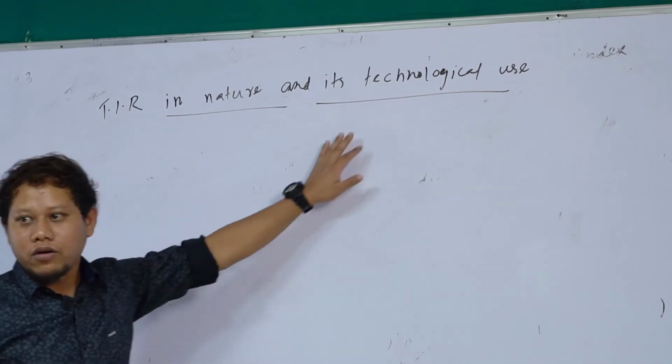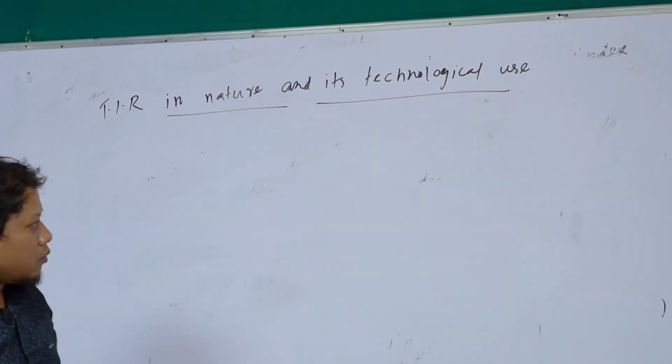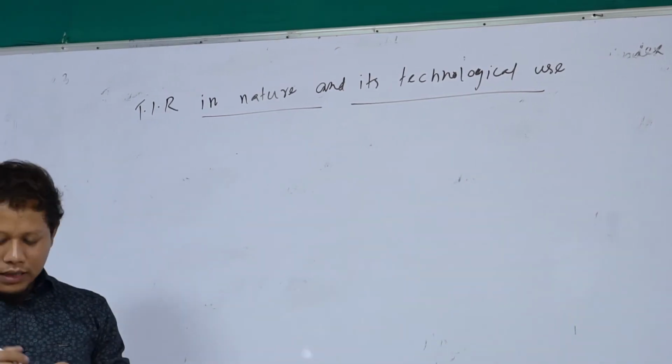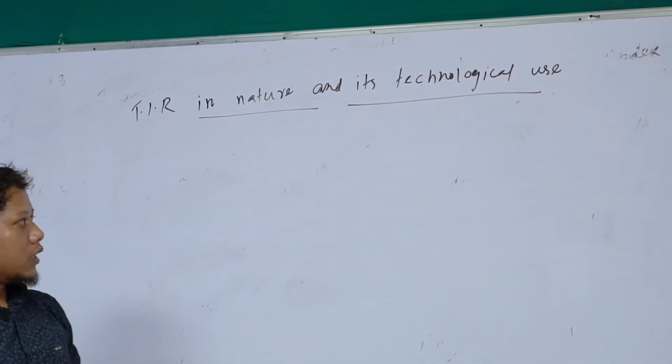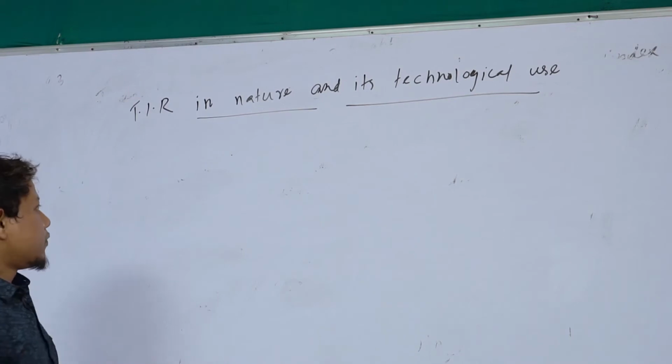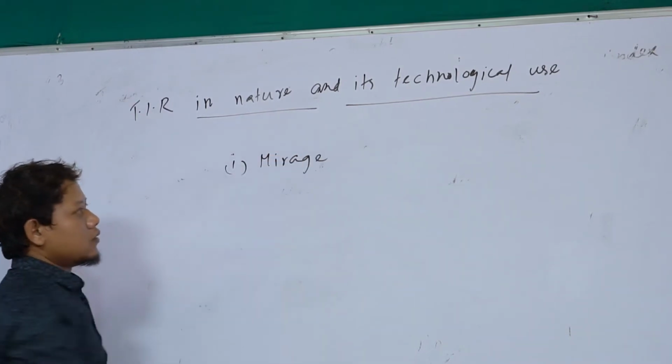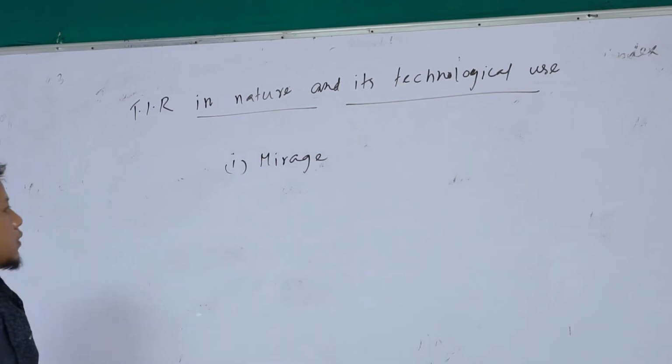So in the class 12 book also there are very common phenomena that we have already discussed in class 10. So here I'll just tell you, but I'm not going to explain all these common phenomena because you already know. First one is mirage. This is what we already got in class 10.